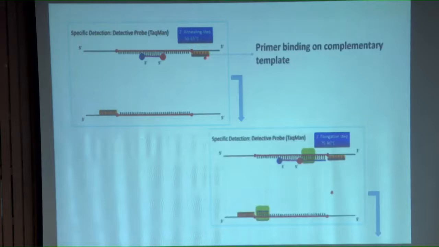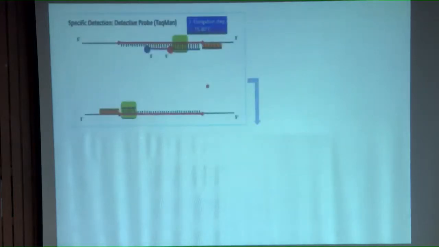You can see here the primer is binding somewhere on the complementary template strand, and just follow the diagram, the DNA polymerase, which is given in green color, is going to extend the primer, and when it extends the primer, it goes beyond it. Just see here, the elongation takes place. During the elongation step, it is going to remove the so-called quencher and also the reporter.